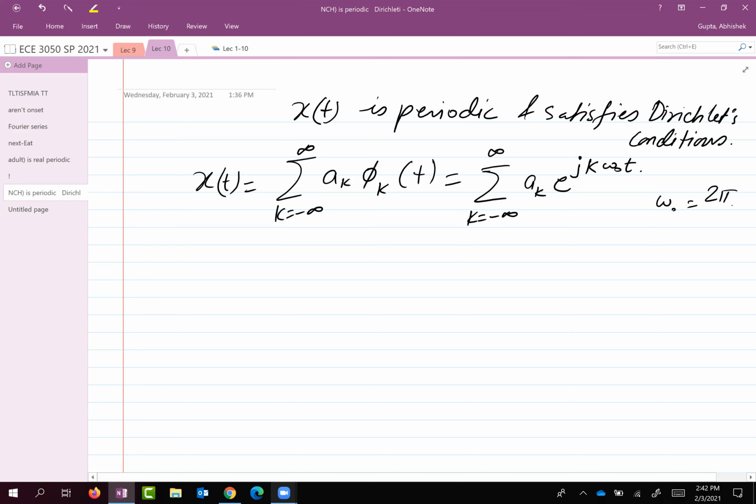Omega naught is 2 pi over capital T, and capital T is the fundamental period of x(t).